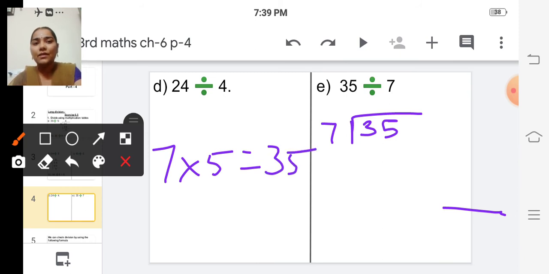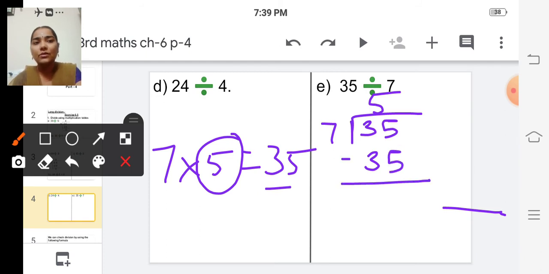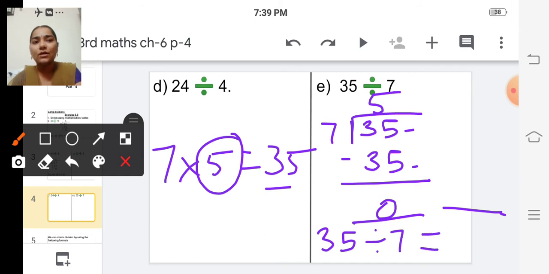So 5 times it will go. So you have to write this 5 in the quotient on the top and write 35 here and put a minus sign. So 35 minus 35 is 0. So 35 divided by 7 is equal to 5. So this 5 is the answer.